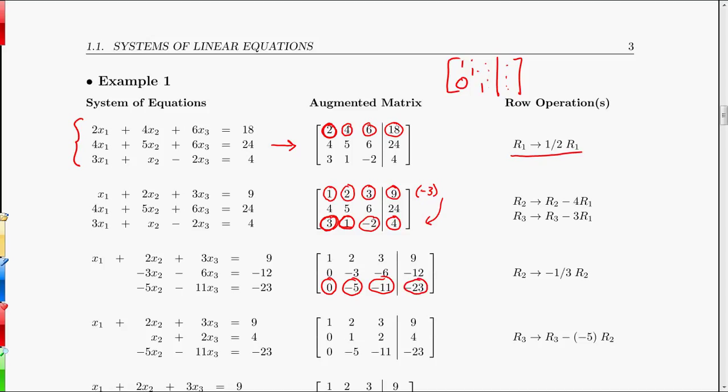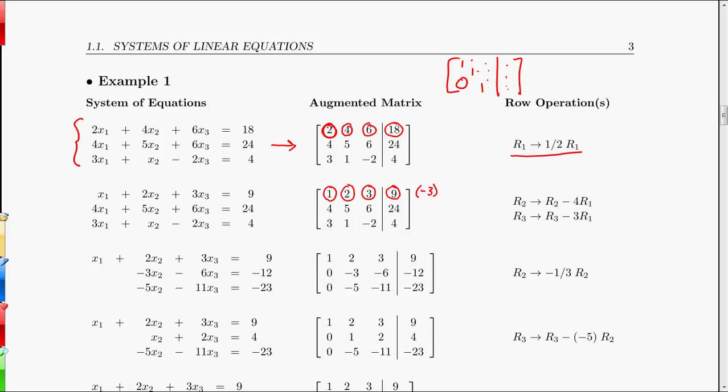So through that particular row operation, I was able to take this 3 right here and turn it into a 0 right here. But it affected the entire third row. Okay, good. So I'm getting there.